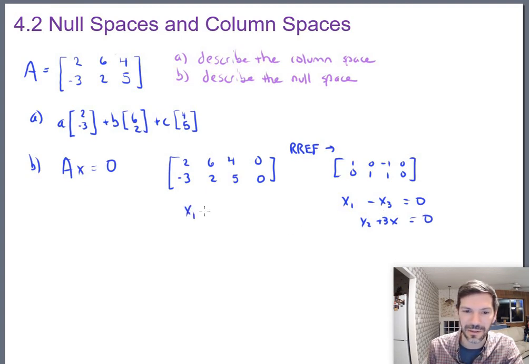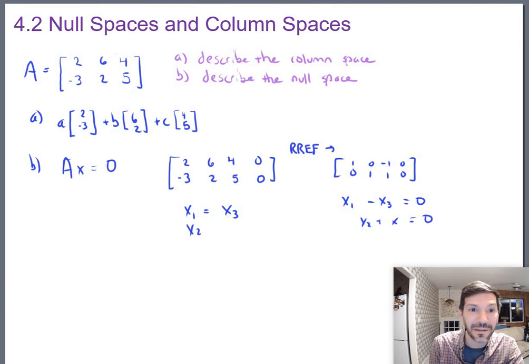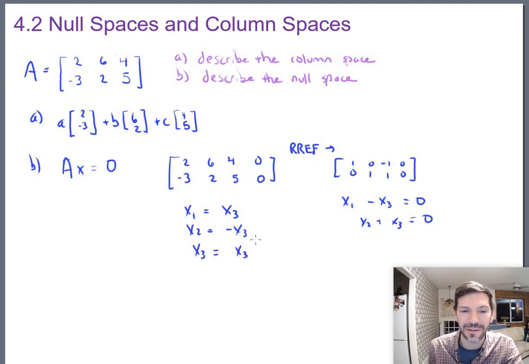And of course for an actual solution set here we like to see them solved. So x1 equals x3, x2, I did that thing again. It's not 3x, that is x sub 3. x2 is negative x3, and of course x3 is a free variable, so I tend to write it x3 equals x3.